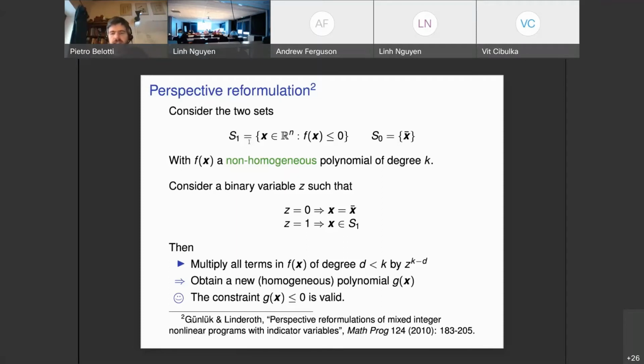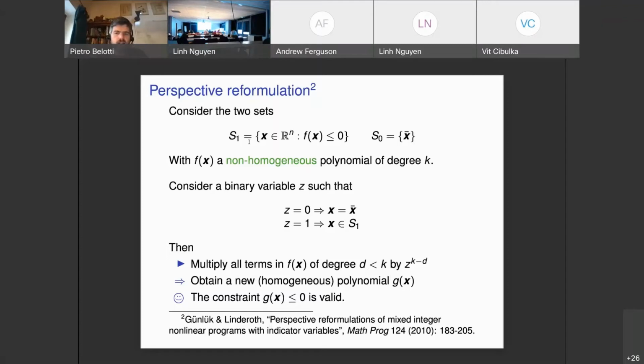If that is the case, and we'll see an example later, which I find relatively interesting, the technique consists in the following. Take the non-homogeneous polynomial and multiply all the terms of degree less than k by a sufficient power of z, whatever is needed to reach homogeneity.